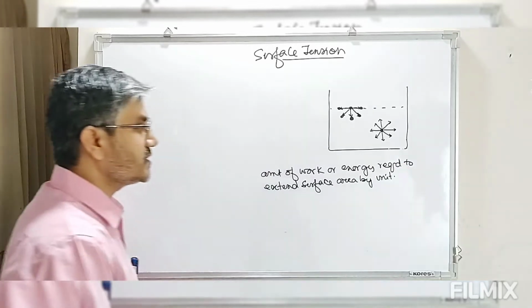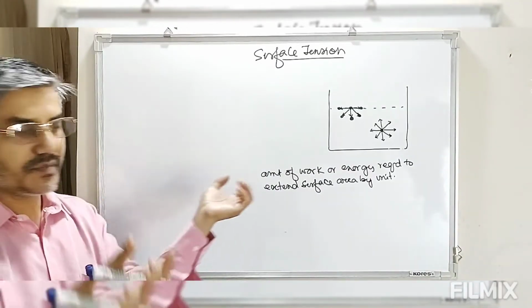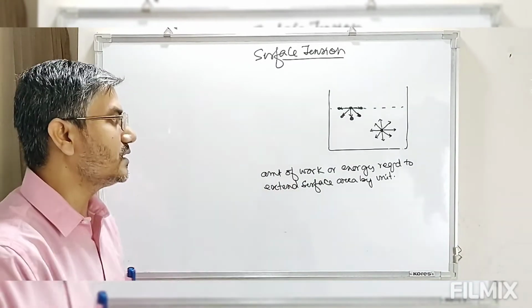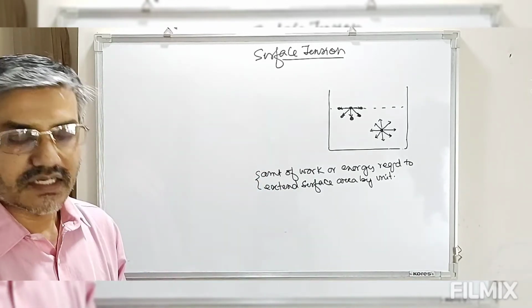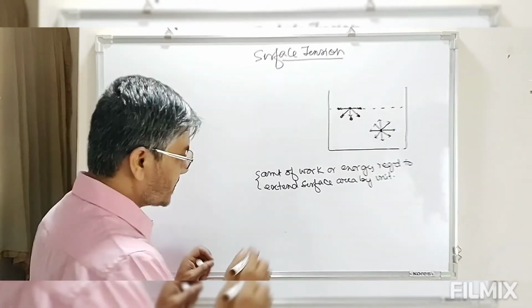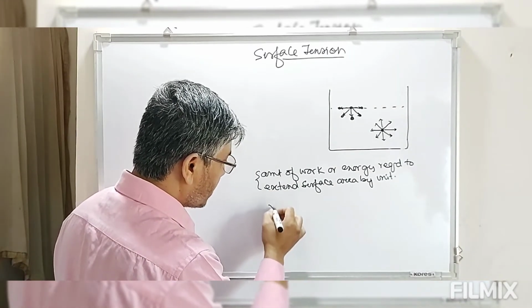How much energy is required to expand the surface area by 1 unit? That energy is defined as the surface tension. This surface tension is denoted by this term eta.